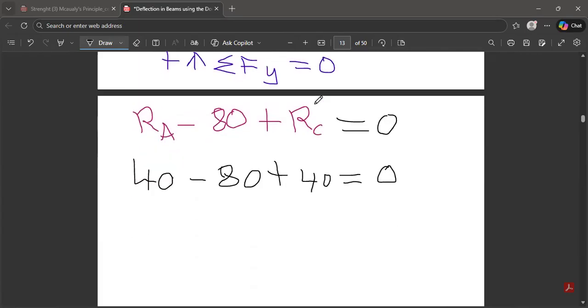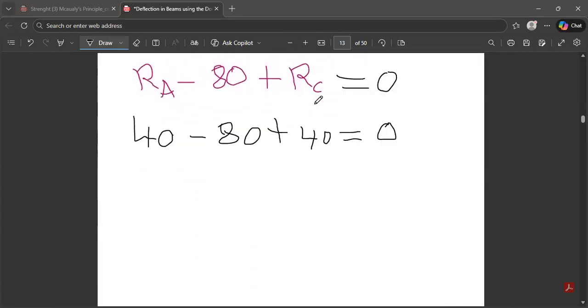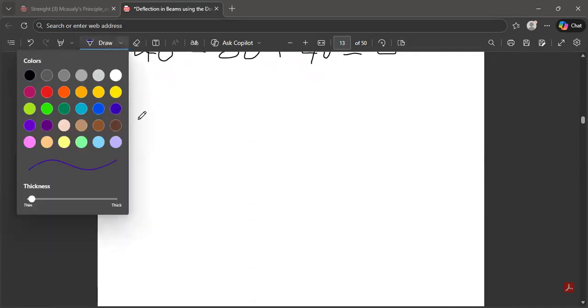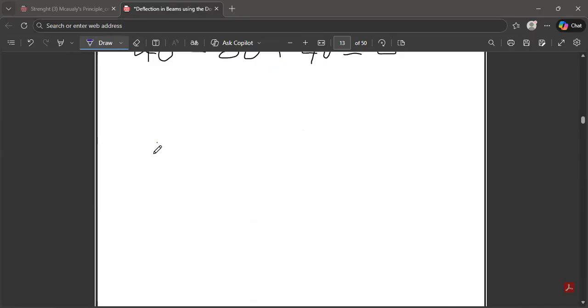So after calculating for your reaction, it implies that we have to draw the beam again. We have to redraw the beam and represent all the reactions on it nicely for the examiner to see.